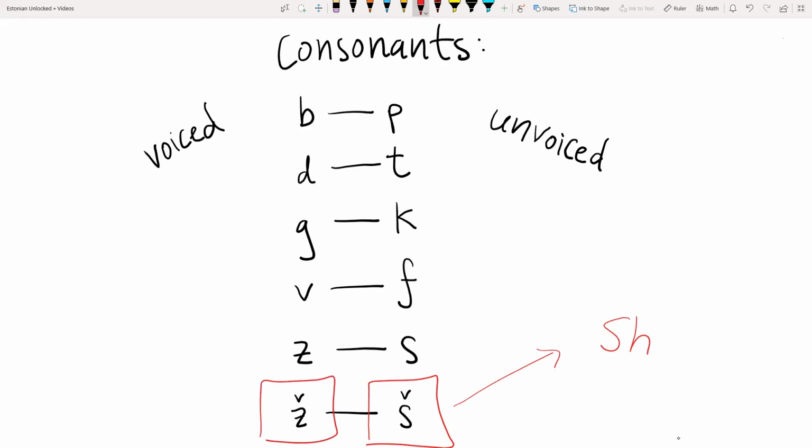This other one, pause for a second and think, what does shh sound like if I voice it? And a word in English that I use to describe this is azure, which is a color. It's like the color of the sky. And so azure is a pretty good English word that kind of demonstrates this sound.